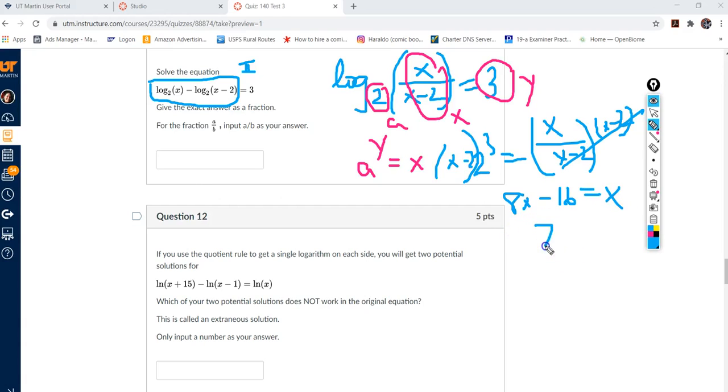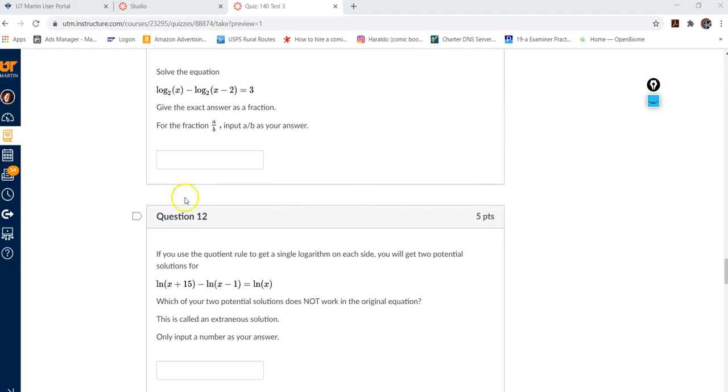Subtract x from both sides and add 16 to both sides, and then divide both sides by 7, and we have x equals 16/7. Now 16/7 is a number bigger than 2, so when I check back in the original, 16/7 minus 2 will be positive, so it's allowed. 16/7 is positive, so it will be allowed. It said give the exact answer as a fraction, so 16/7 is what we want for our answer.